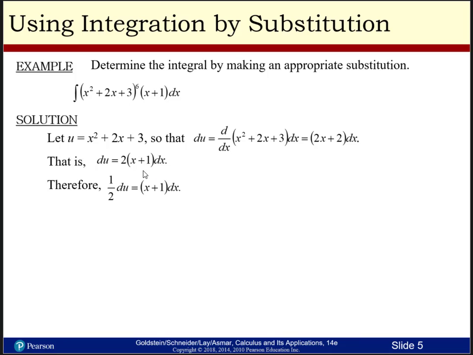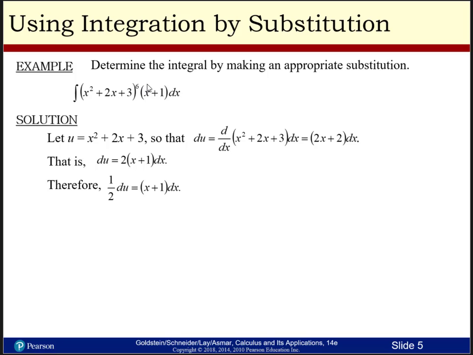Because if I take the derivative of this u, take the derivative of both sides, I get that du is 2x plus 2 dx. Now, I can see that du equals 2 times x plus 1 dx. What I need to do, because I have an x plus 1 up here, see this x plus 1 sitting here?